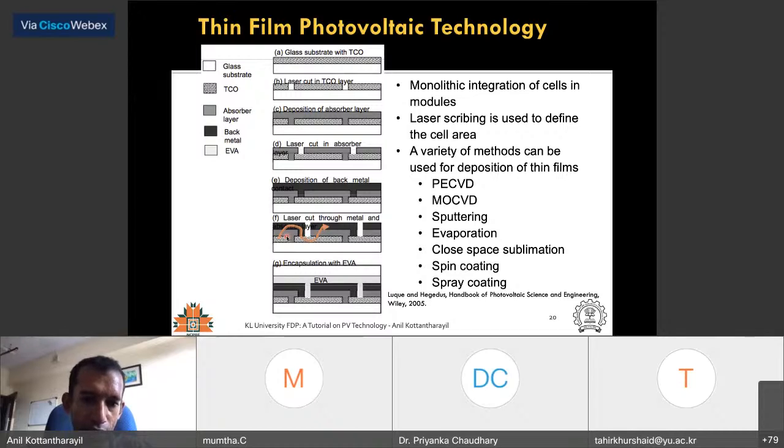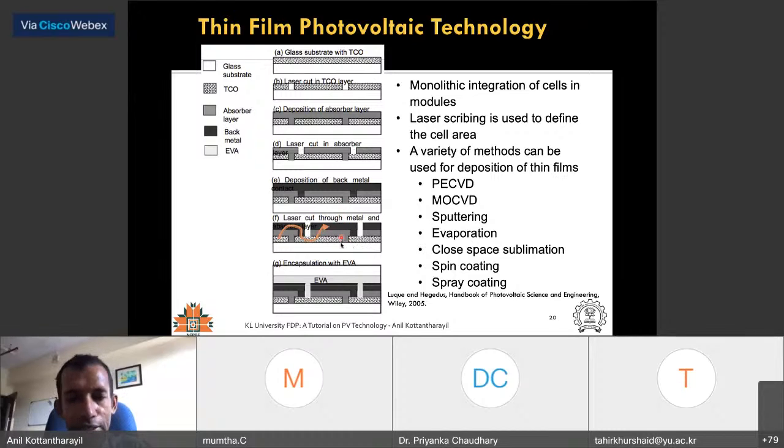So you can have the current flowing through this. Here an opening is made so that it's not short circuited, right? Otherwise the front metal and the back metal would be short circuited, but that is being avoided in this case. So the light will go through, current will flow through this, and you get a solar cell.